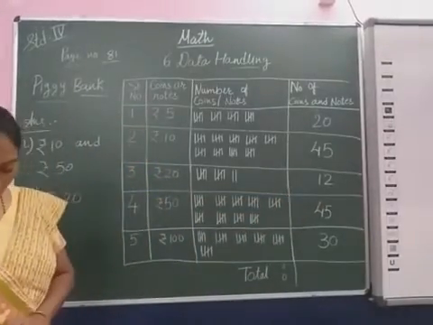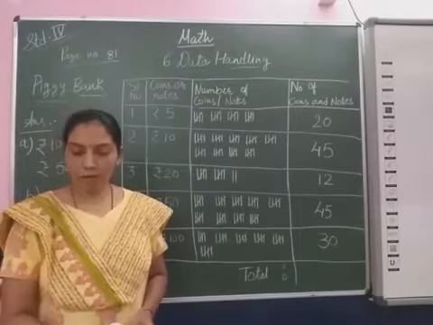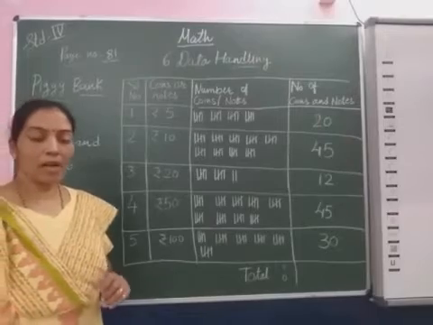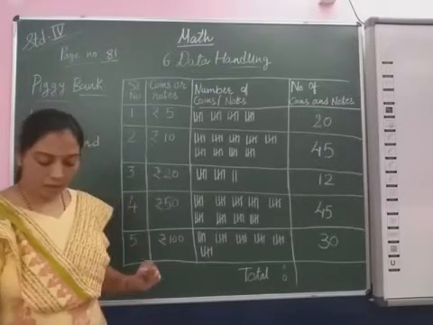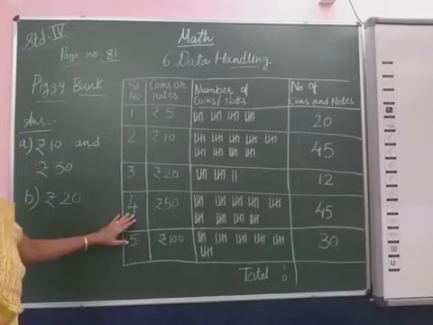Now the C question: how much money has he saved in the form of rupees 20 notes? Now students, here it asks two questions, understood? How much money he saved in the form of rupees 50.